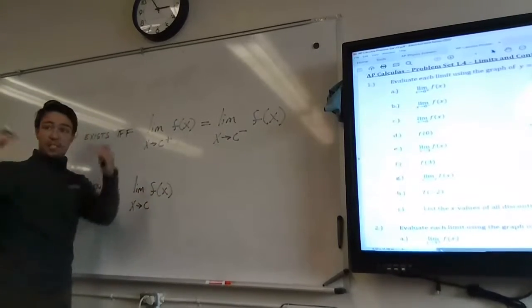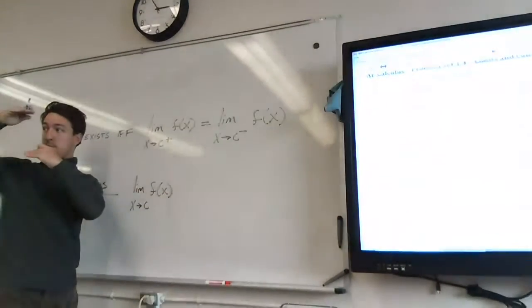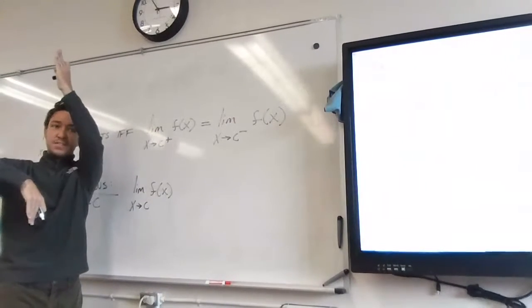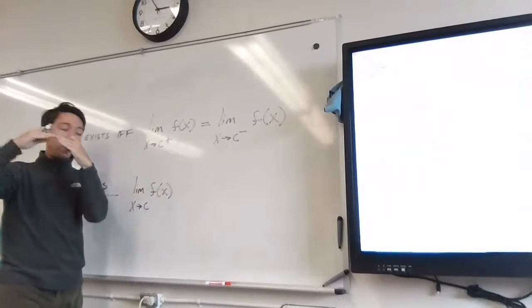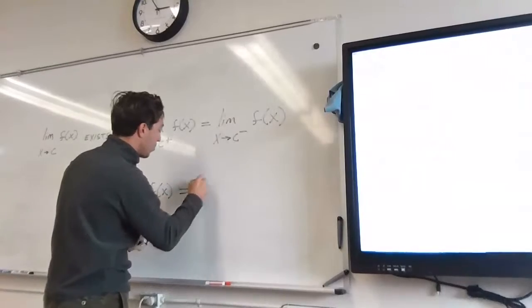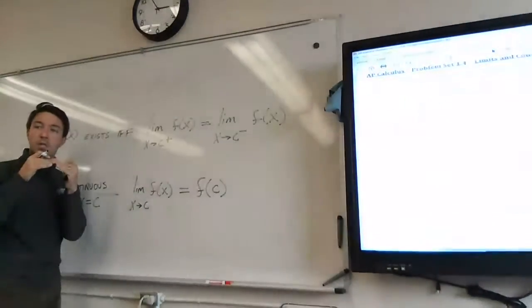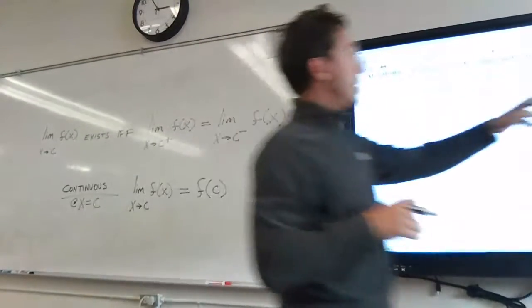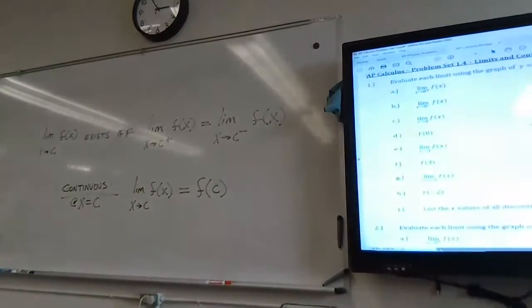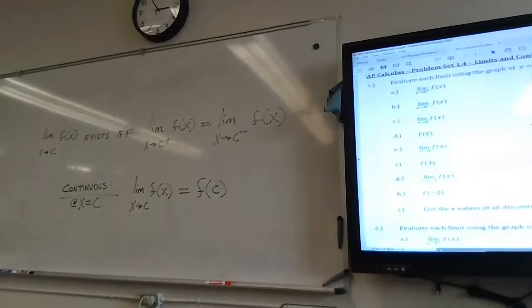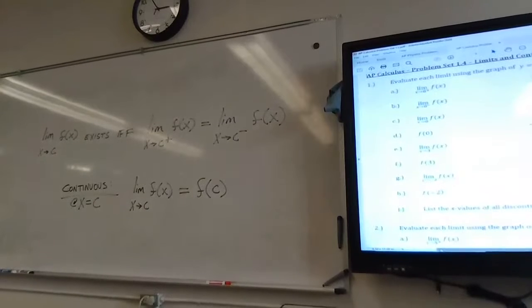So you can't be doing this, you can't be doing this. You gotta be doing this. And also, the y value has to be the same there. So this guy is not continuous. The limit exists, but the y value of the function is not equal to the limit. So to be continuous, say, for example, here, it's continuous there because the limit exists, and the y value is also equal to that limit.